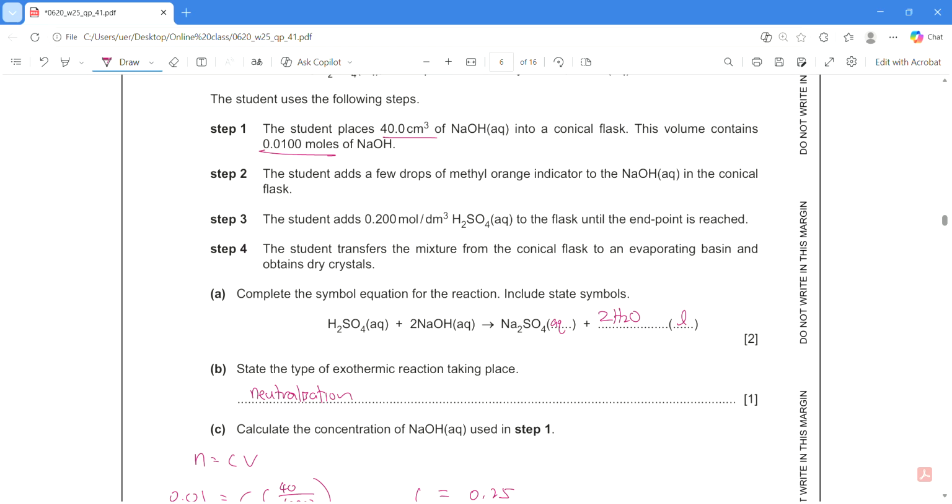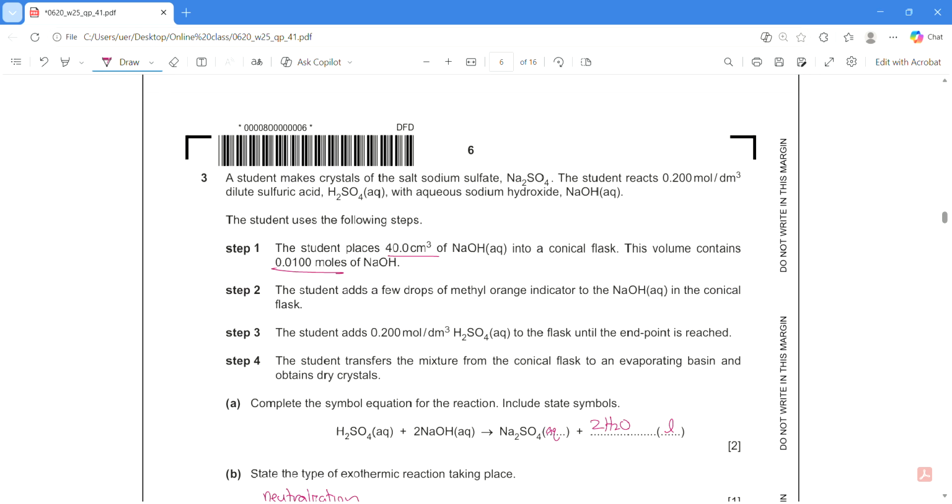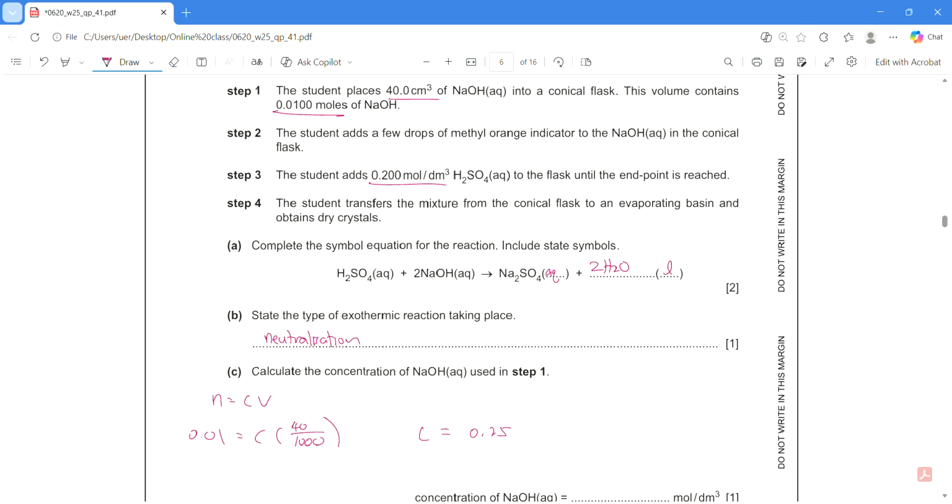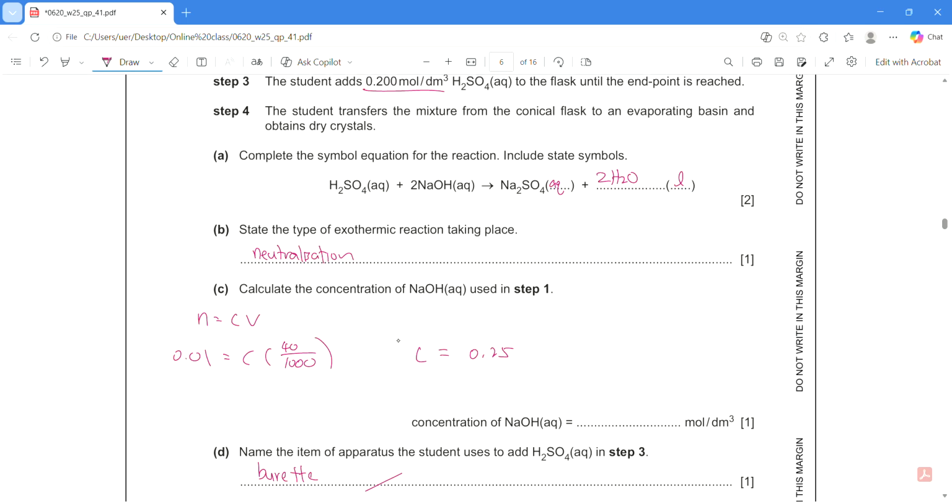E. Calculate the volume of H2SO4 added in step 3. Here we have the concentration, so we need the moles of this H2SO4. How do we find the moles? You just have to compare the ratio from your chemical equation. You can see here, 2 NaOH and nothing in front of H2SO4, so it's 2 to 1.